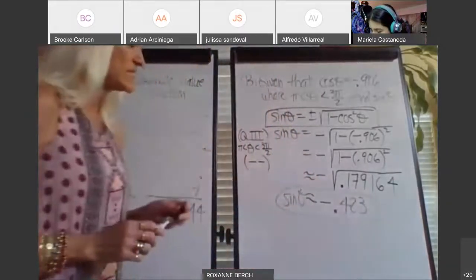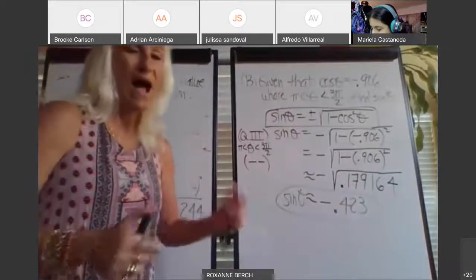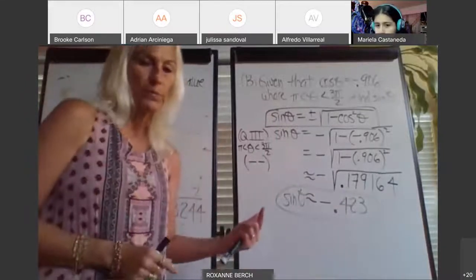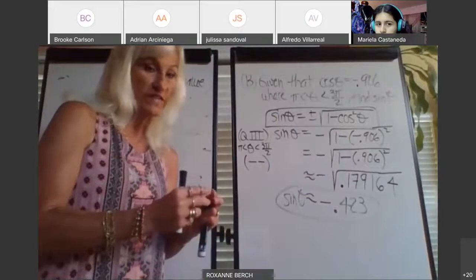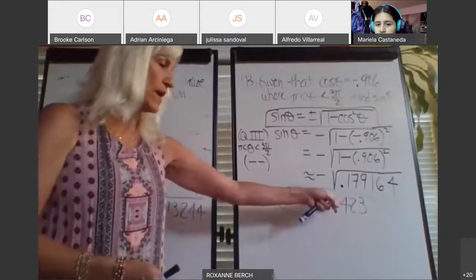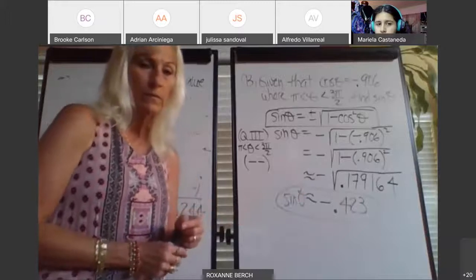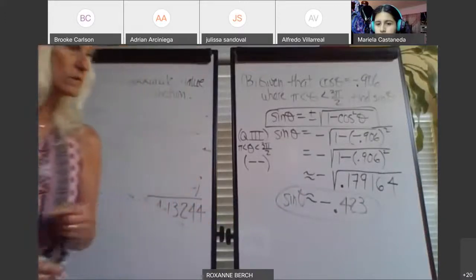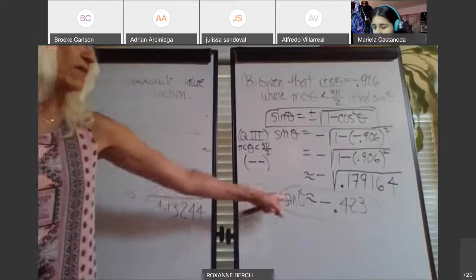So in other words, what this is saying is that the y value of the angle, the point that's associated to the y value, is negative 0.423. So that's the y value of the angle.